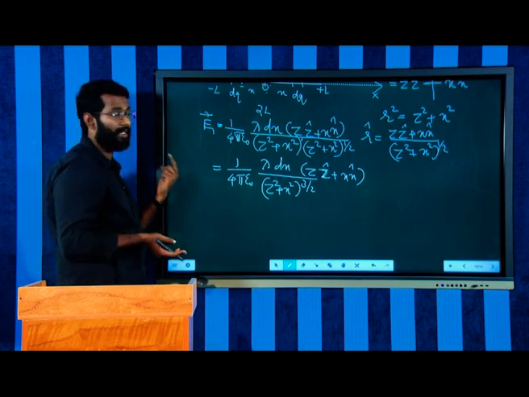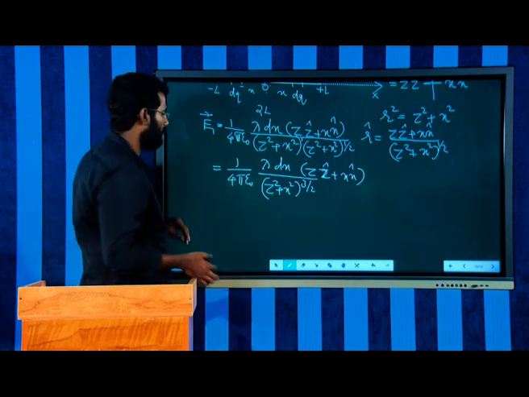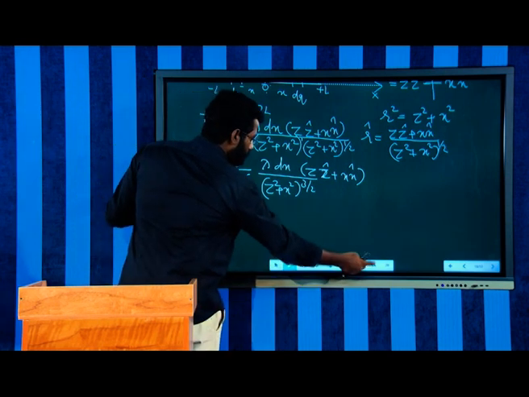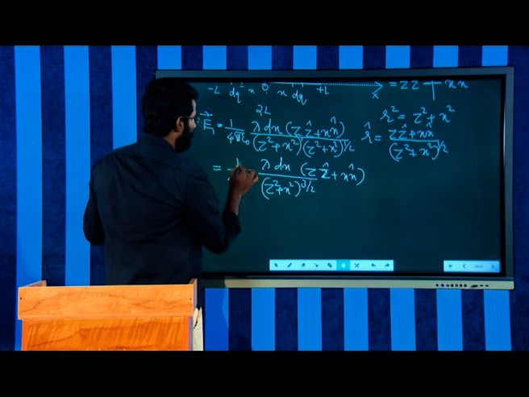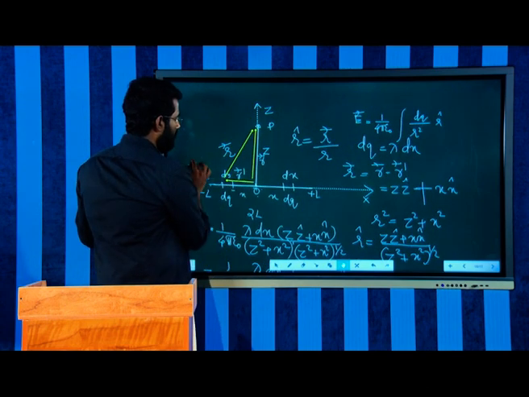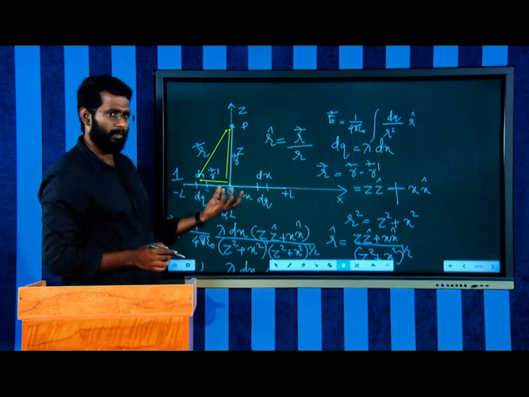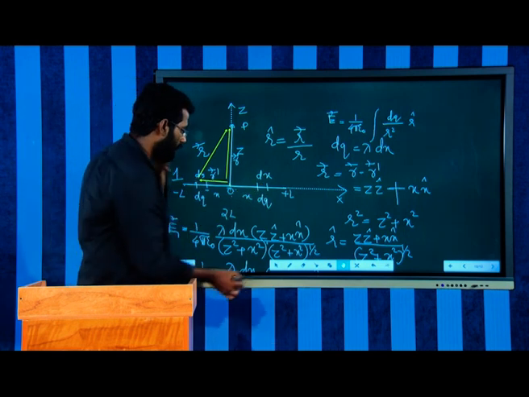Now, we have to find another one, that is E2 due to the right small dq. So, for that let us go back to our image. Here, this is our image. I am not completely doing it, it is a similar thing, because you can see here we have a dq here.